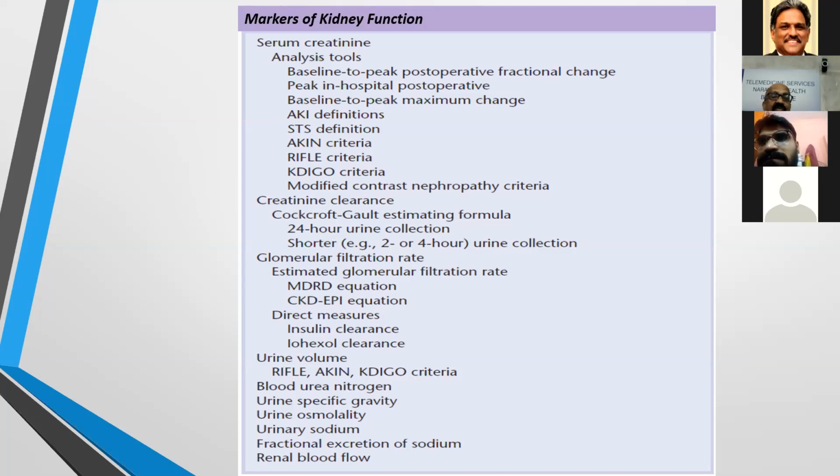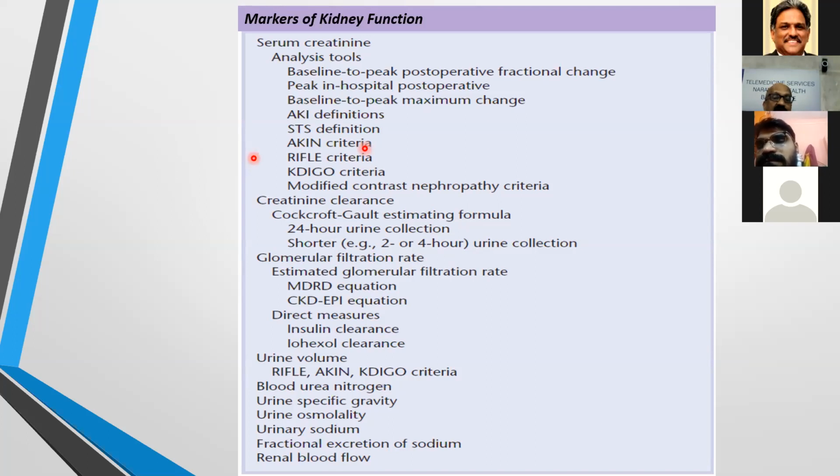We have the serum creatinine, which is included as a parameter in the AKIN criteria, that is acute kidney injury criteria, the RIFLE criteria, which stands for risk, injury, failure, loss of function, and end-stage renal failure, and the Kidney Disease Improving Global Outcomes criteria.